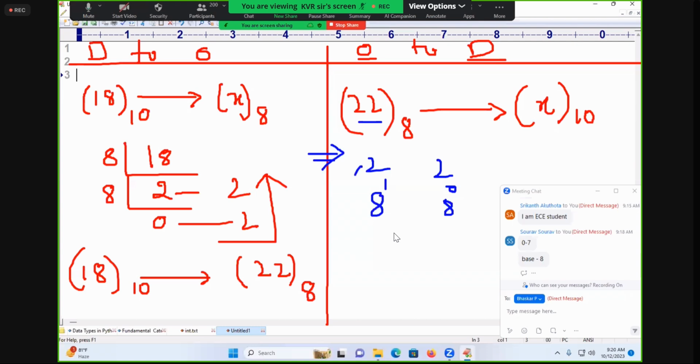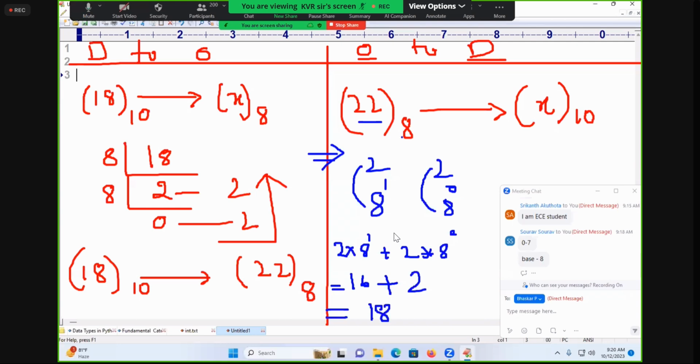You multiply each digit with that and add them. 2 into 8 to the power of 1 plus 2 into 8 to the power of 0. What is the value here? 16 plus 2. 8 to the power of 0 is what? 1. So 2. What is the value now?